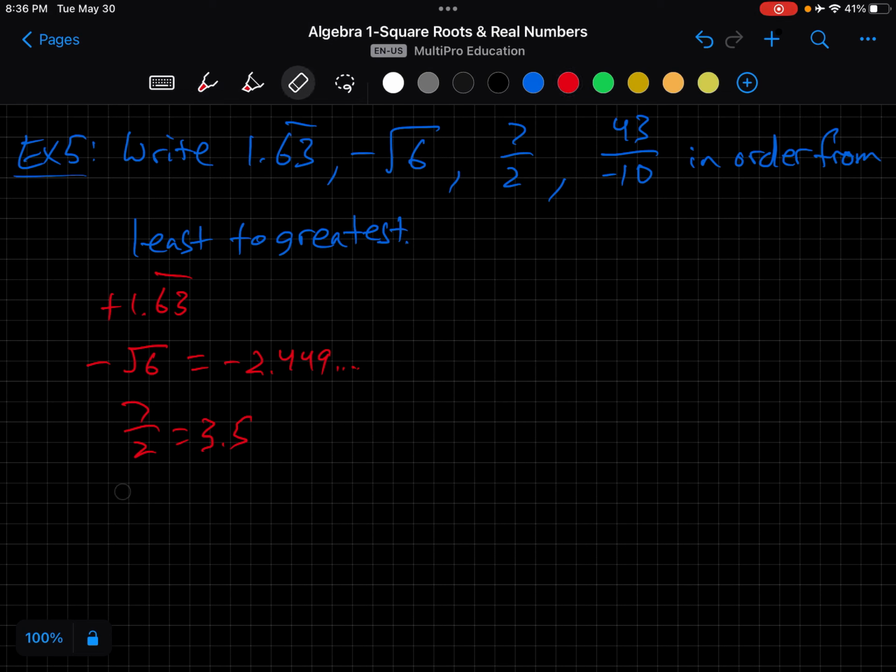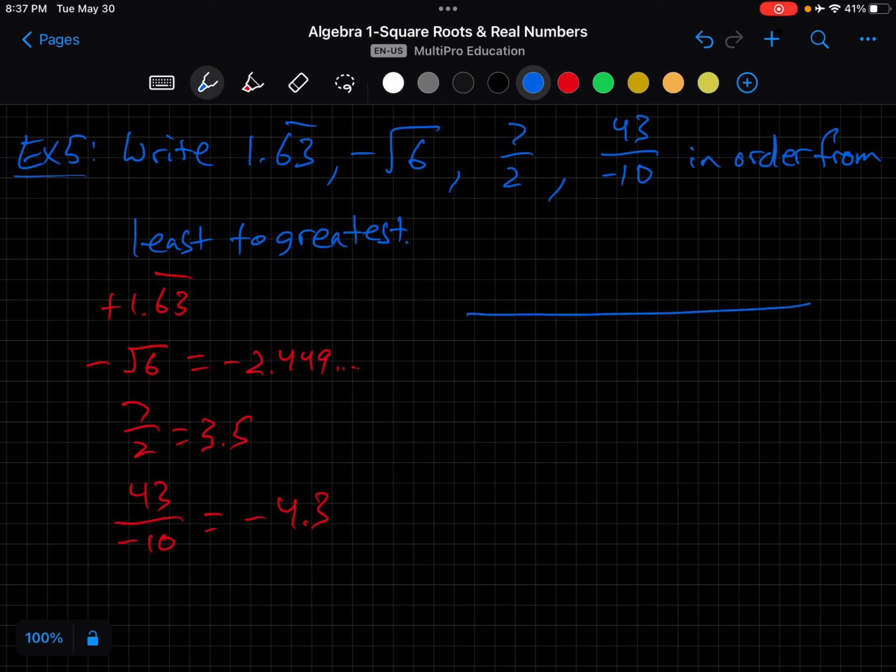And then 43 over minus 10 is the same as minus 4.3. Okay, so there we've got two minuses and two pluses. So we know that one of the minuses has to be smaller. So which one's smaller, minus 2.449 something or minus 4.3?